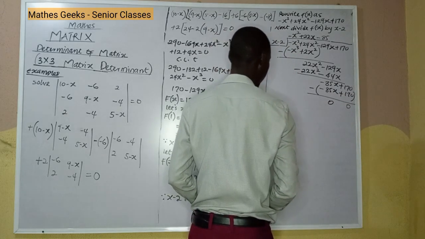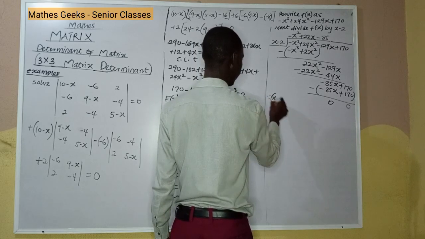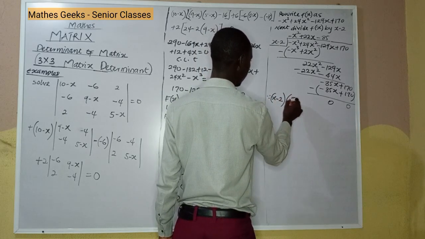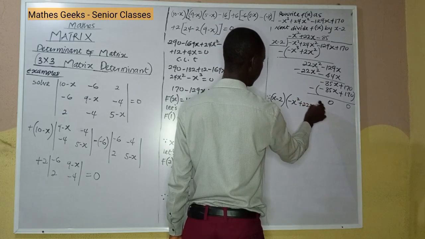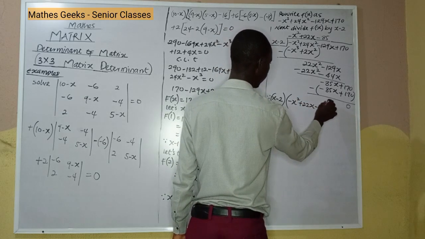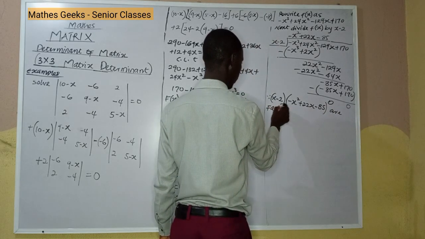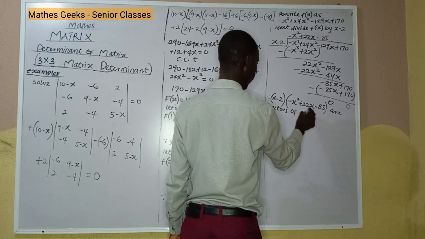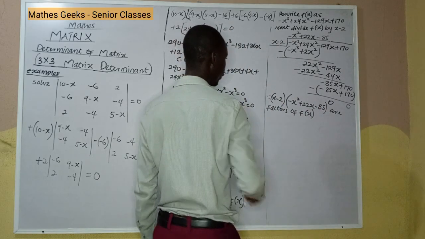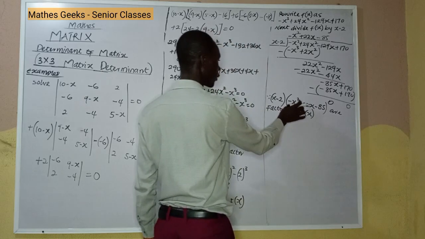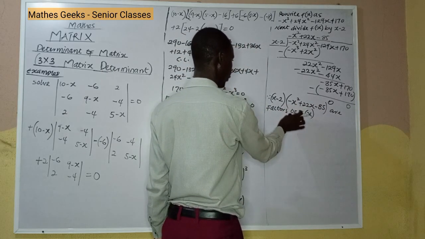So at this point, x minus 2 and minus x squared plus 22x minus 85 are factors of f(x), which is this polynomial. So next I'm going to factorize this quadratic factor of the polynomial.